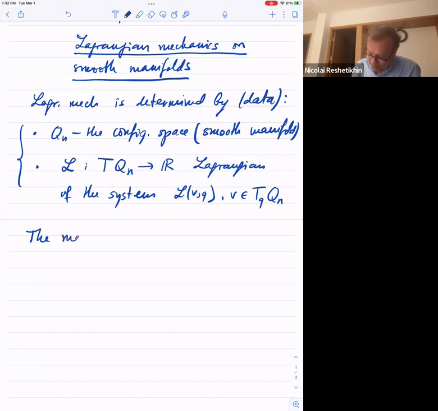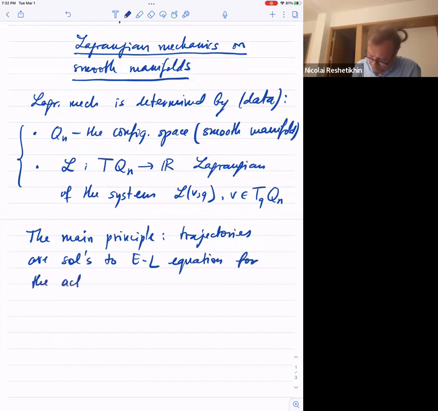So the main principle is that trajectories are solutions to the Euler-Lagrange equations for the action functional.